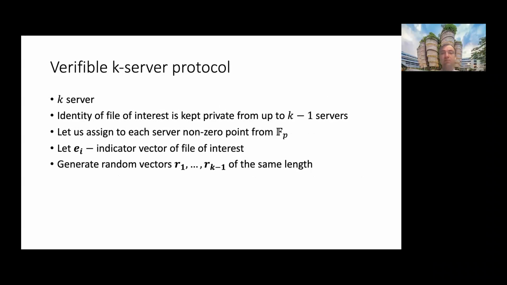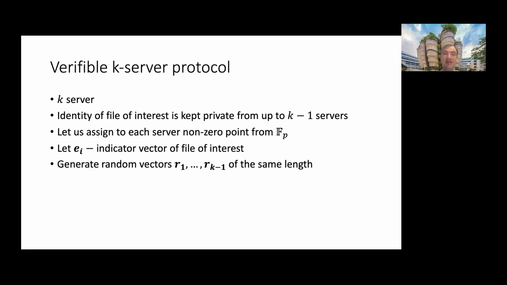Let me demonstrate how it works by means of a simple example. And before I do it, let me construct a simple k-server private information retrieval protocol which is (k-1)-private. So in this protocol, the identity of the file of interest is kept private from up to k-1 servers.